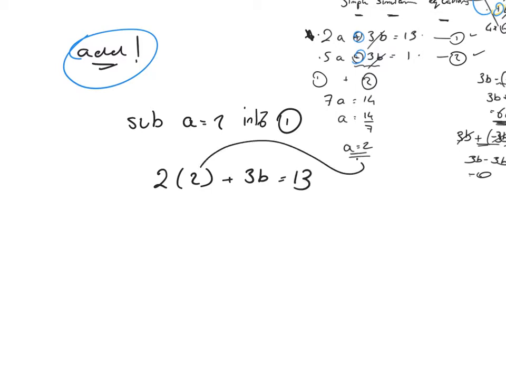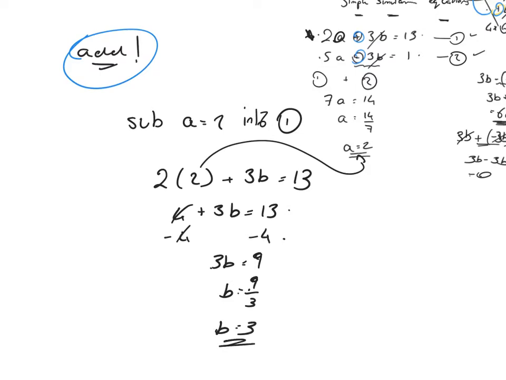Remember that a is equal to 2, 2a is two lots of 2. So that's 4 plus 3b is equal to 13. I'm then going to take 4 off of both sides, keep things balanced, and that will be 3b equals 9. Bring the 3 down, divide, and b equals 9 over 3. 9 divided by 3, b is equal to 3. So the final answer is a equals 2, b equals 3.